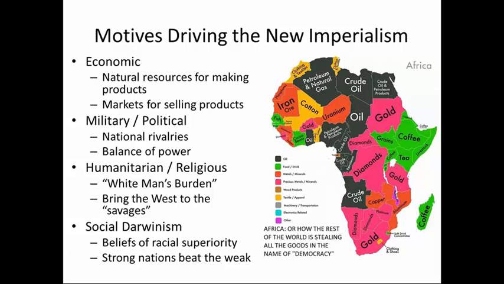And of course they saw themselves as the green tree frog in the jungle and saw the people that they were trying to take over as the red tree frog in the jungle, because they believed that they were racially superior. So when a strong nation beats out a weak nation, they said, well, this isn't bad or wrong, this is just the way it's supposed to be. So those are our four motives driving the new imperialism: economic, military, political, humanitarian, religious, and social Darwinism.